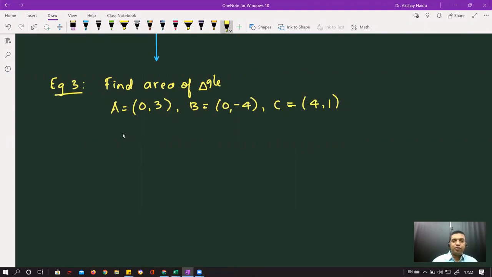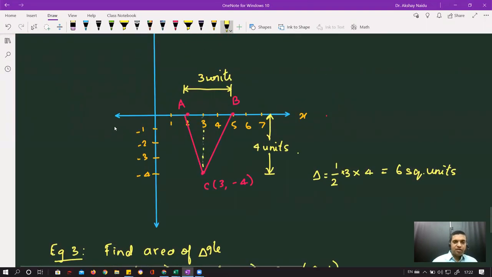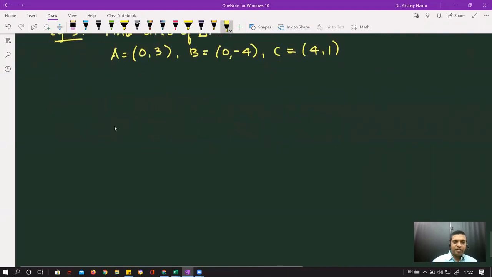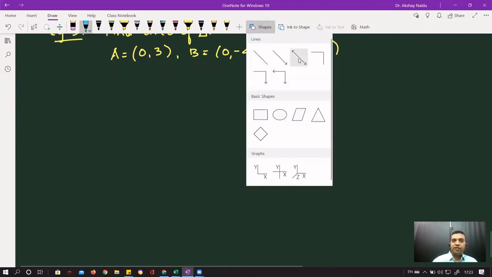I will leave it to you to use the formula. But okay, let's plot in the graph, a simple way.